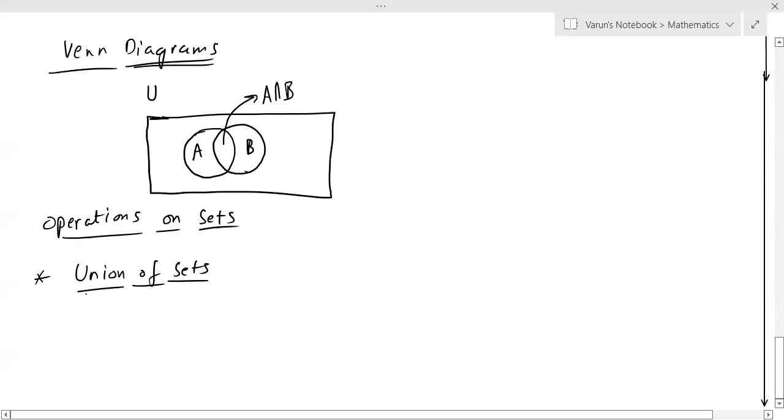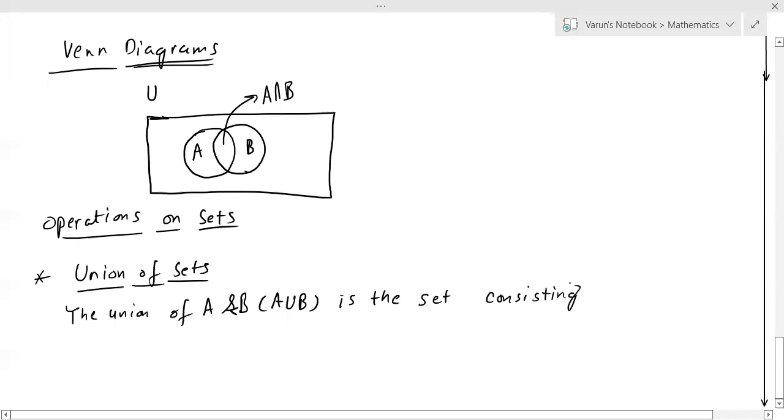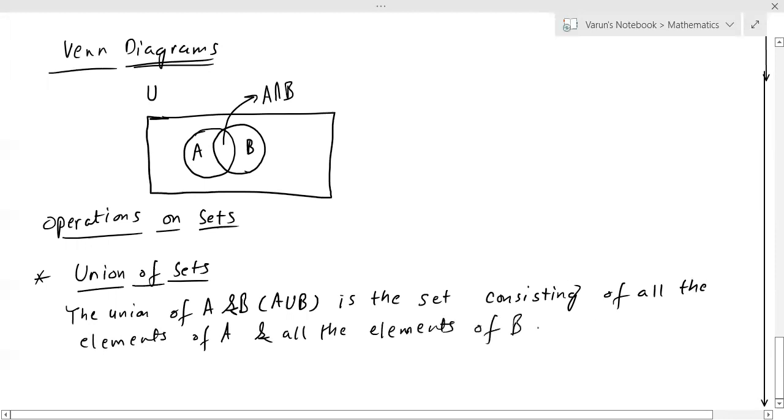The union of A and B, which is basically A union B, is the set consisting of all the elements of A and all the elements of B, with the common elements taken only once.